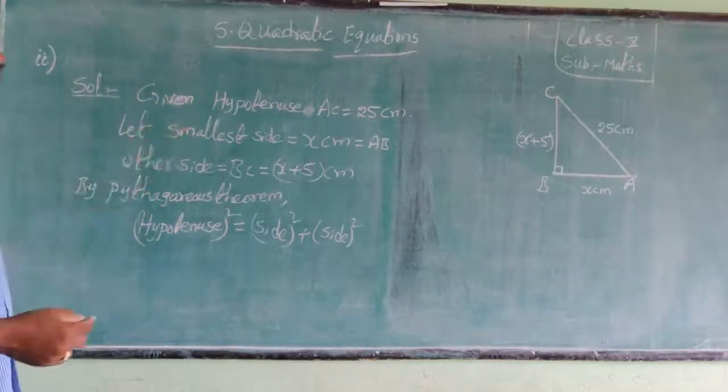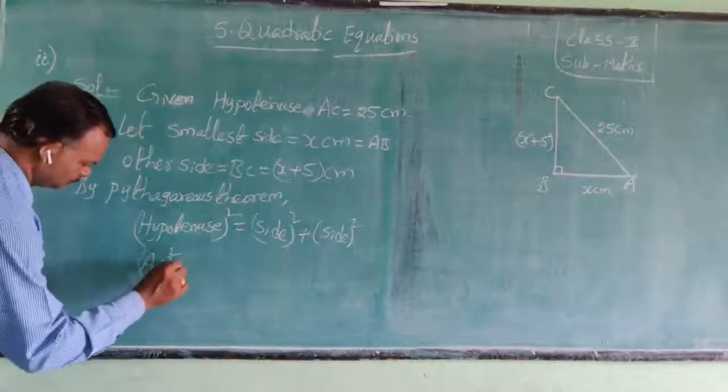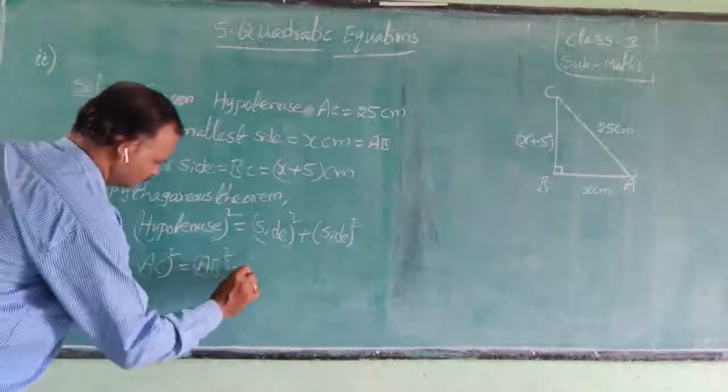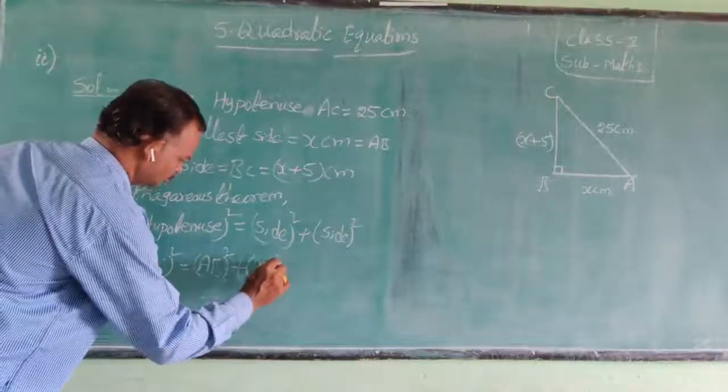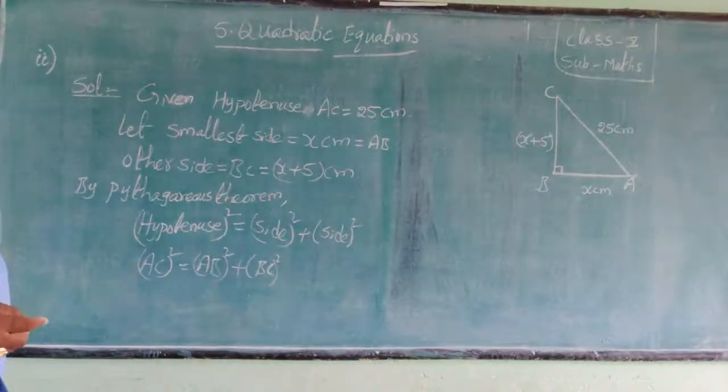Here the hypotenuse is AC, so AC square is equal to AB square plus BC square.